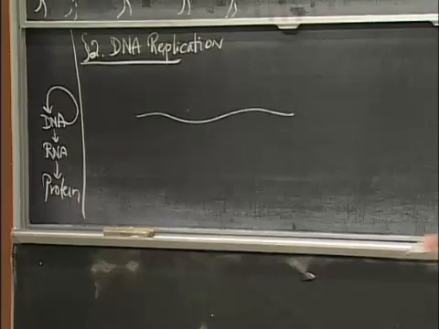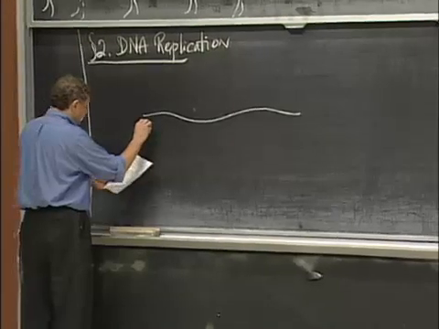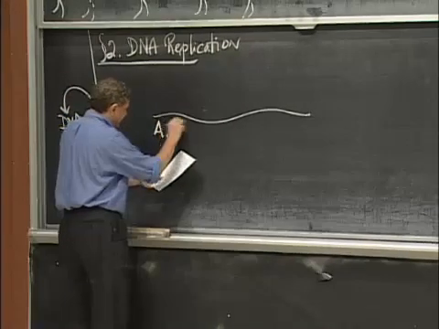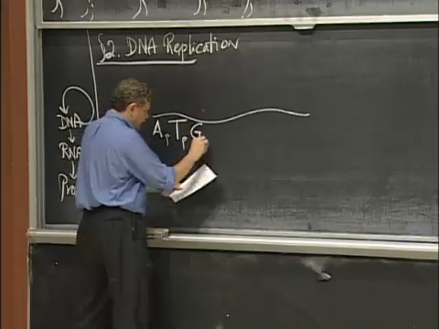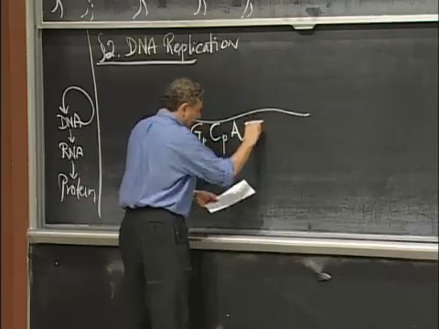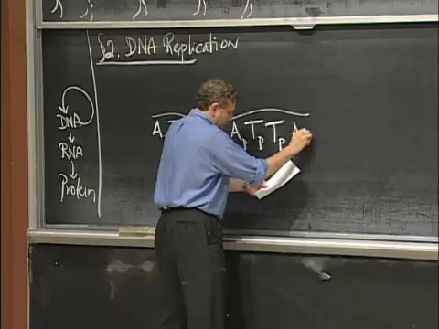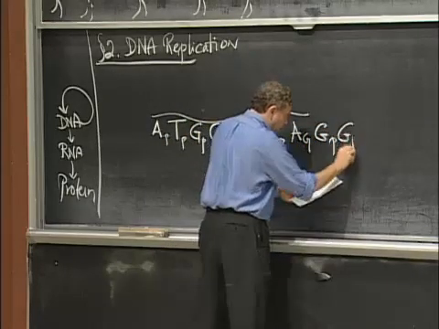Let's actually give it a little sequence here. Let's say A, phosphate, T, phosphate, G, phosphate, C, phosphate, A, phosphate, T, phosphate, T, phosphate, A, phosphate, G, phosphate, G, phosphate.